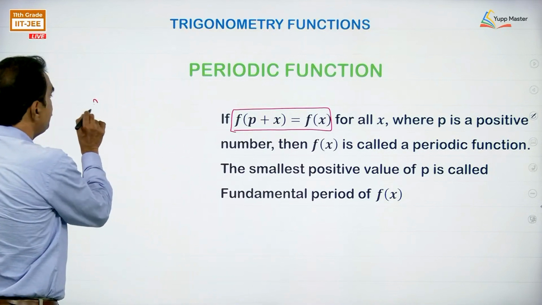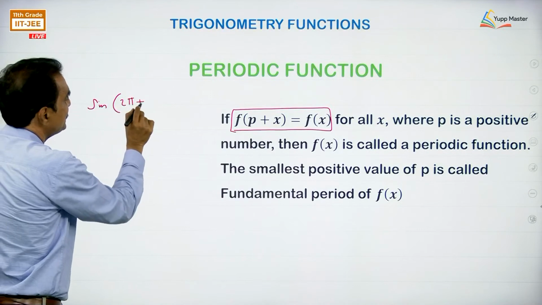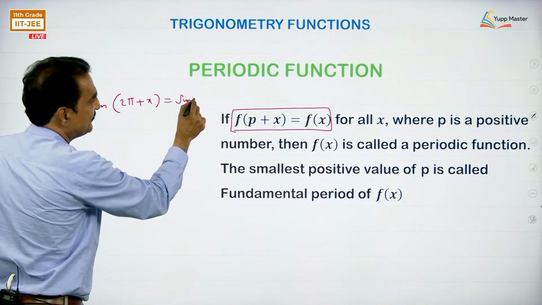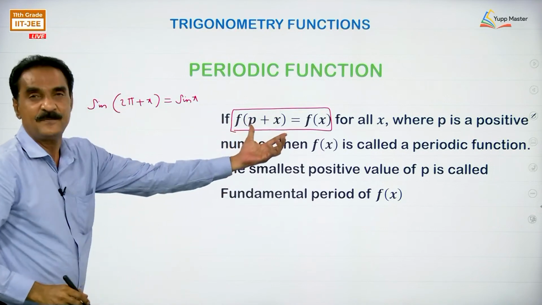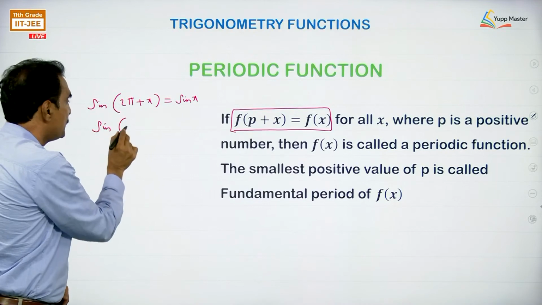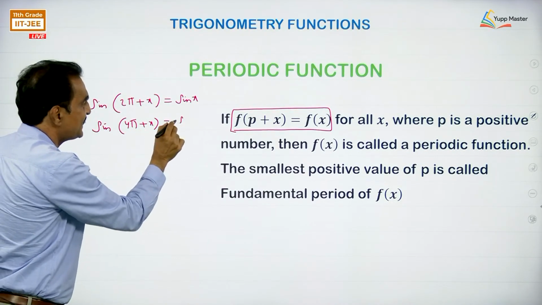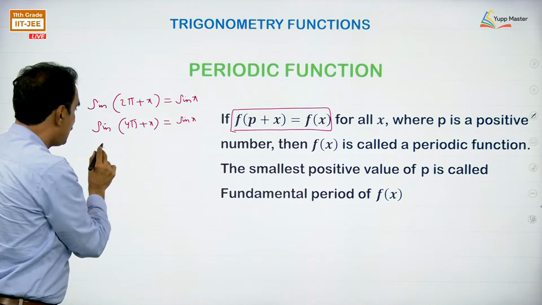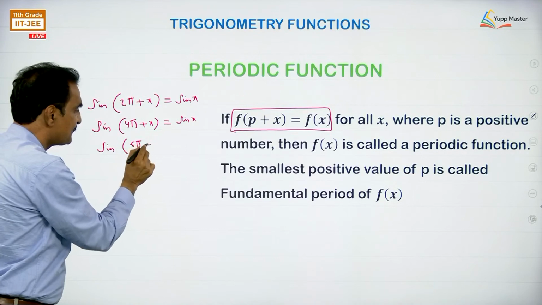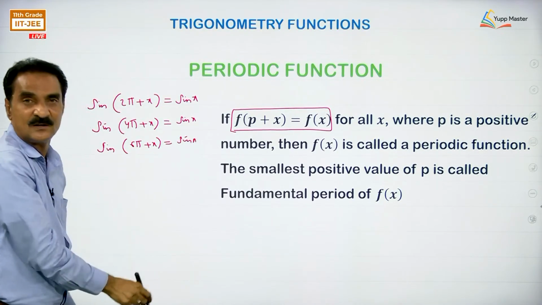We know that sin of 2 pi plus x is sin x. So, it is in the form of f of p plus x is equal to f of x. Sin of 4 pi plus x is equal to sin x. Sin of 6 pi plus x is sin x, and so on.